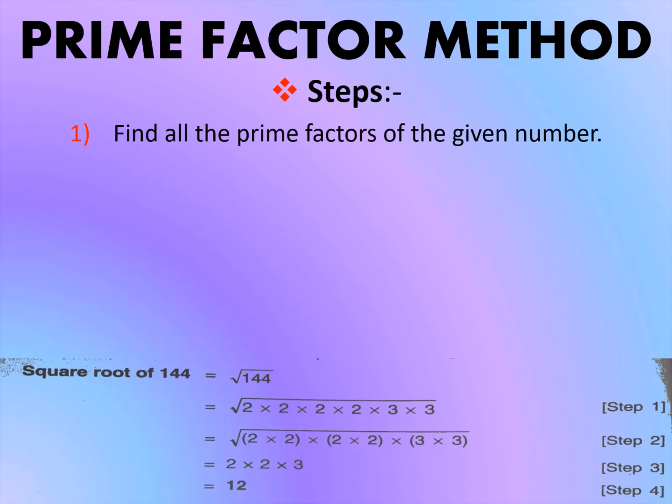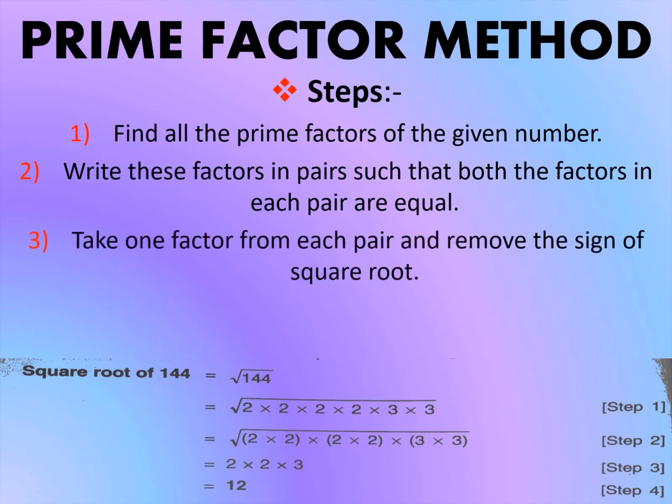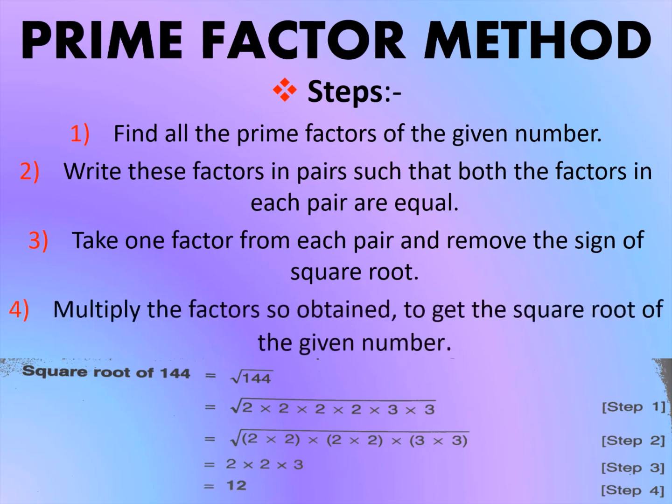Find all the prime factors of the given number. Step 2. Write these factors in pairs such that both the factors in each pair are equal. Step 3. Take one factor from each pair and remove the sign of square root. And in the last step, multiply the factors so obtained to get the square root of the given number.